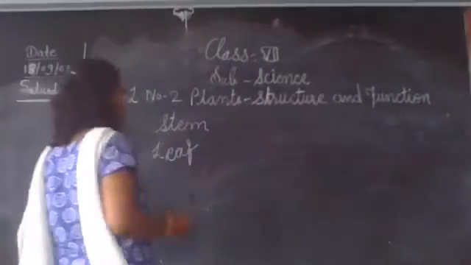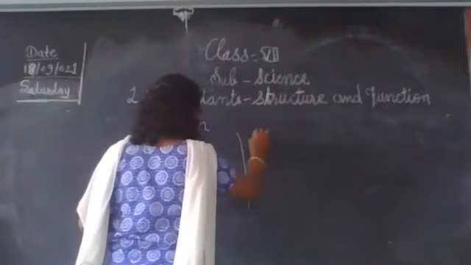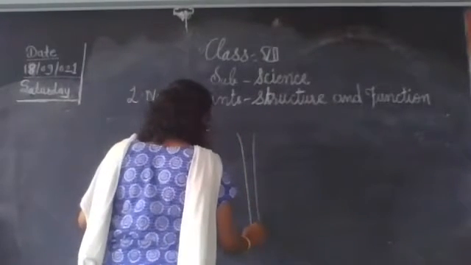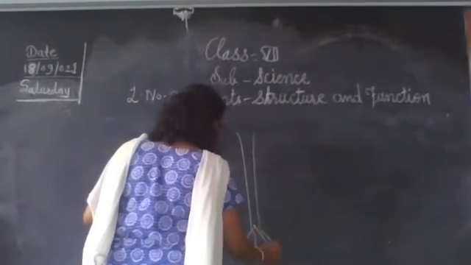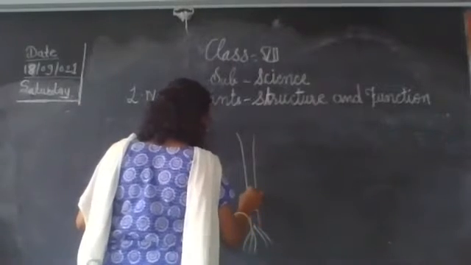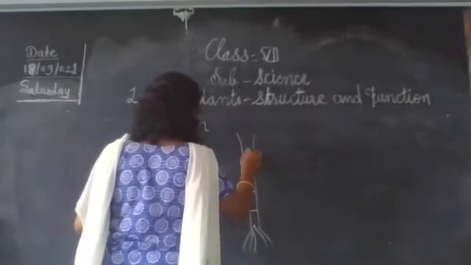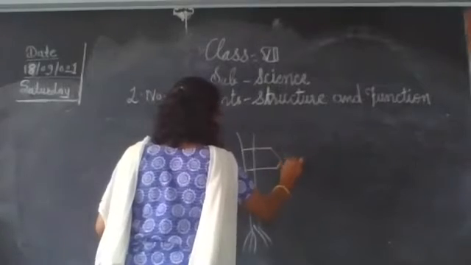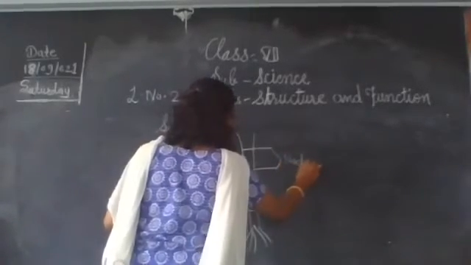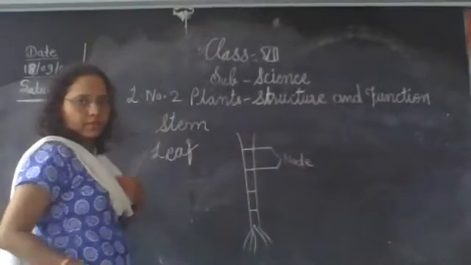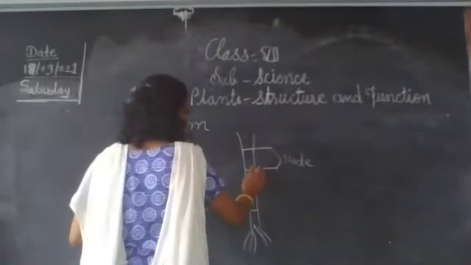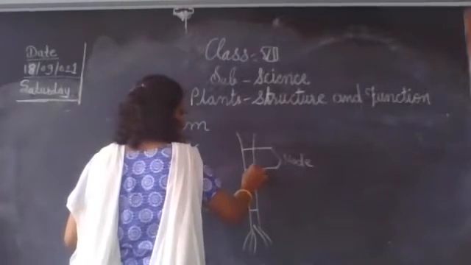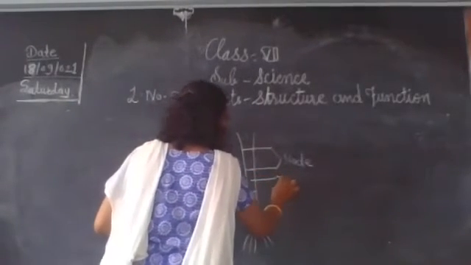So see the nodes, the structure of the stem. This portion is node, and between these two nodes, that is internode.